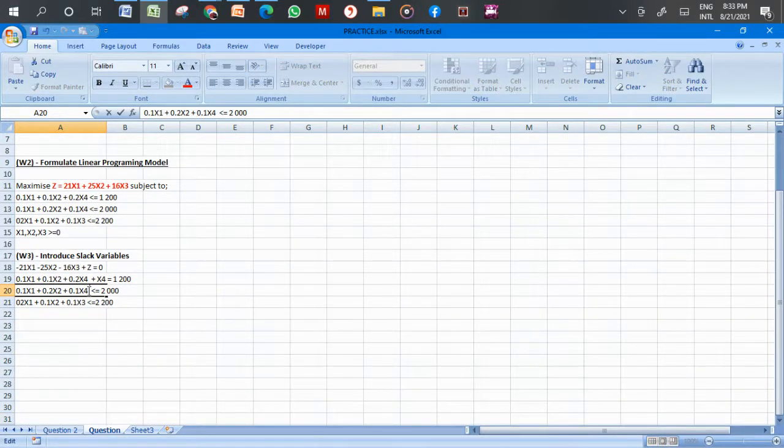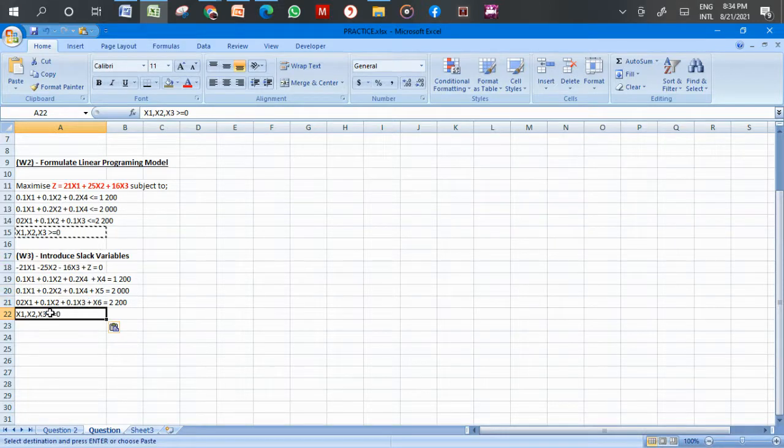Here, let's introduce a slack variable and call it x5, then remove the smaller than sign. Then here, again add a slack variable, call it x6, and remove the smaller than sign. We are also going to put limits here. Let's copy this one as it is and paste it here, then put the slack variables x4, x5, and x6. Now we are good to go.